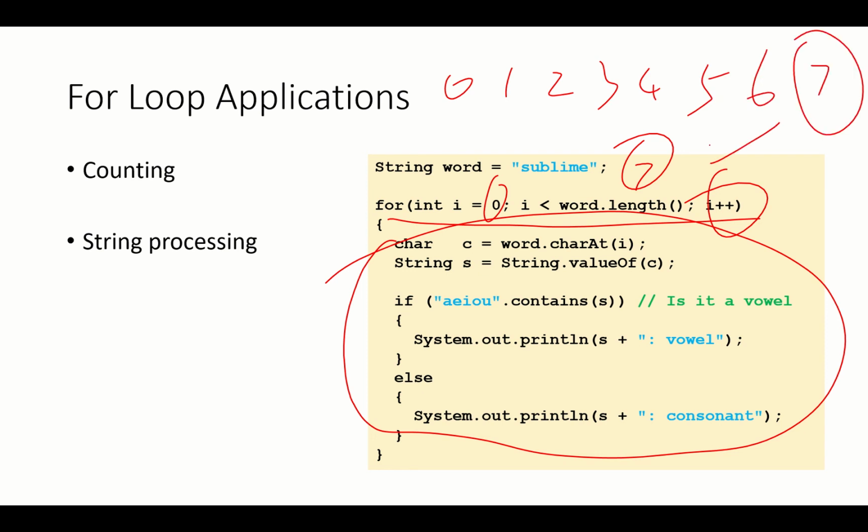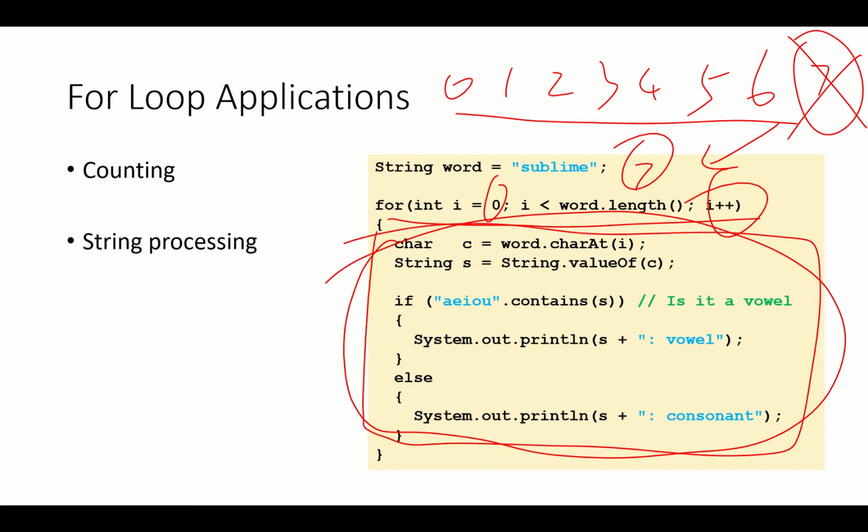So 7 returns false. So 7 cannot make you enter the loop. So basically, we will do this loop body for 7 times.